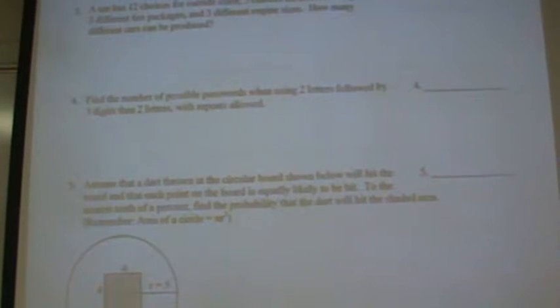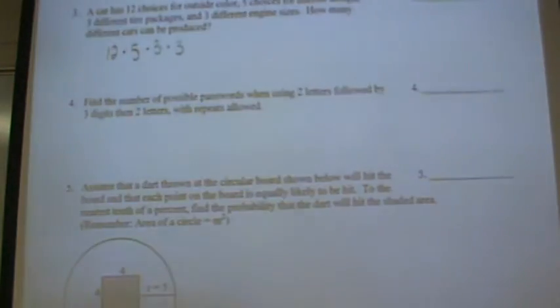Number 3. A car has 12 choices for outside color, 5 choices for interior design, 3 different tire packages, and 3 different engine sizes. How many different cars can be produced? So this goes back to the fundamental counting principle. So we have 12 choices for outside color.